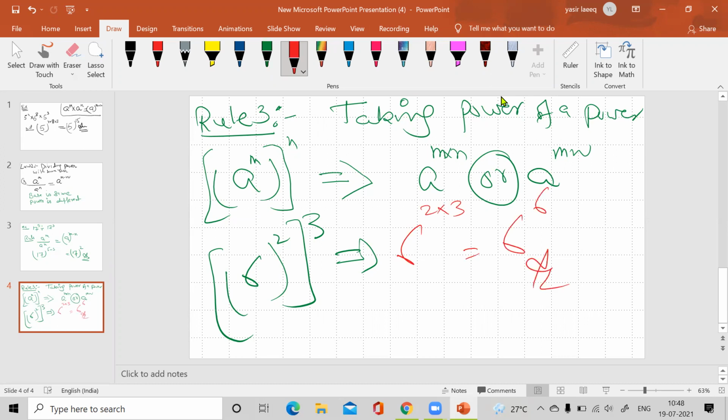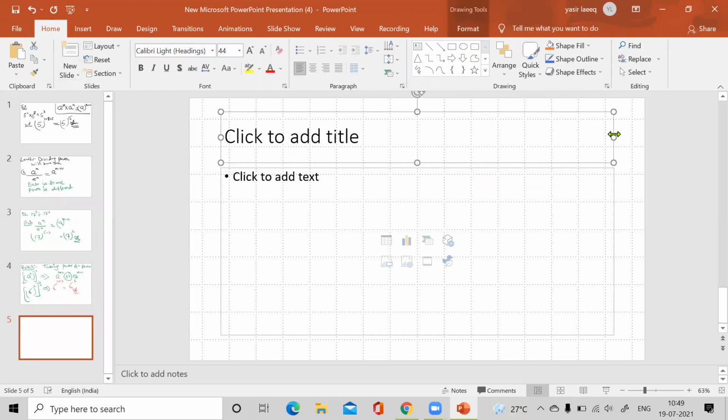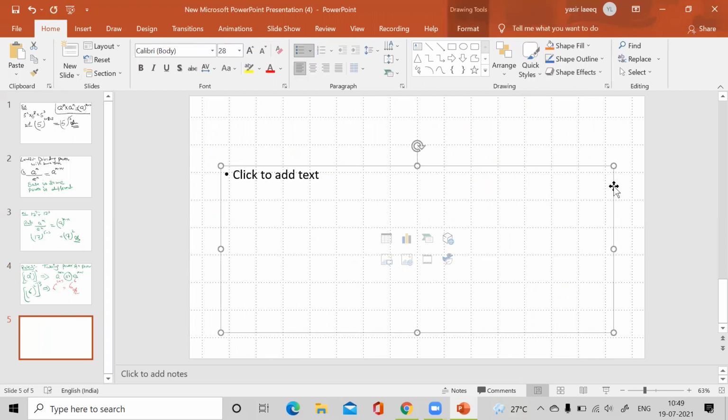You can do it like this. Suppose such a type of question is given to you, that you have to simplify it: 1 upon 3 raised to the power 2, and it is raised to the power 3. When it says simplify, you also have to tell the answer, meaning what you get on simplification.